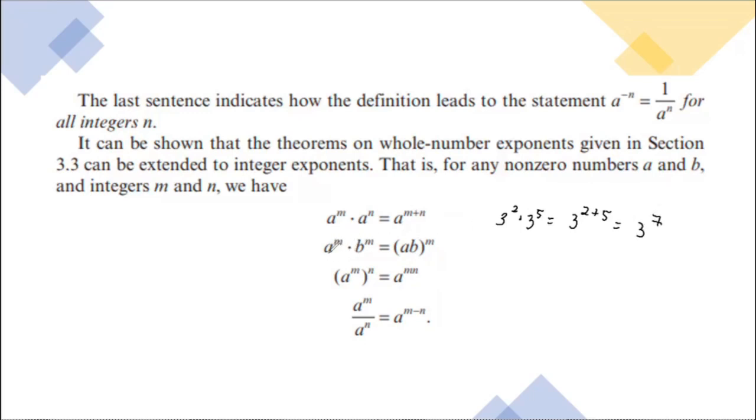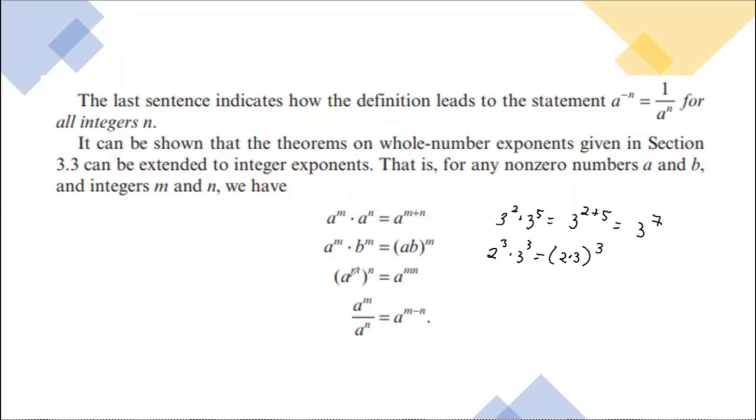The next rule, A raised to M times B raised to M is also the same as A times B raised to M. Palagyan natin ng number. So let's say 2 raised to 3 times 3 raised to 3. So pwede siyang maging 2 times 3 raised to 3.